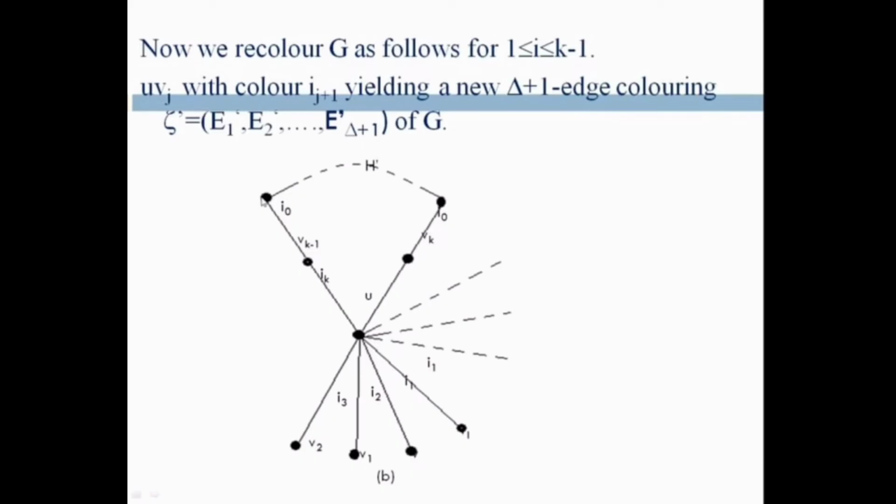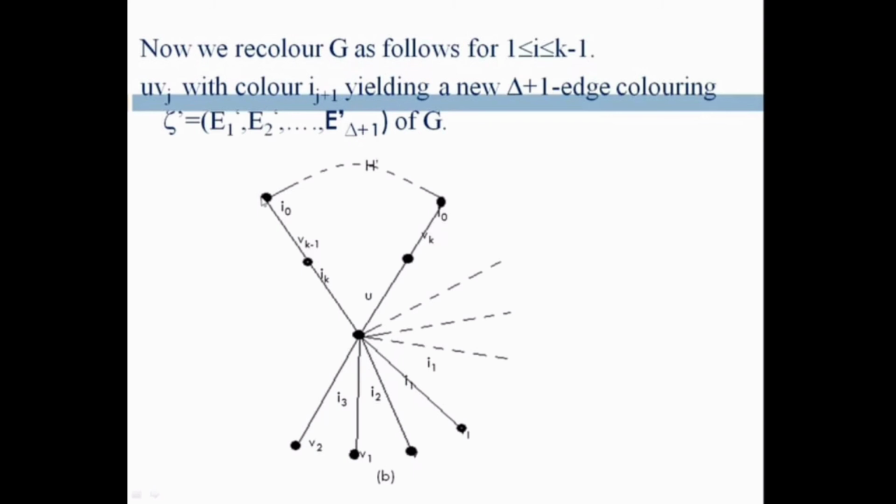Now we recolor G as follows: for the vertices 1 less than or equal to j less than or equal to k minus 1, recolor UVj with the color i(j+1), yielding a new Δ plus 1 edge coloring.